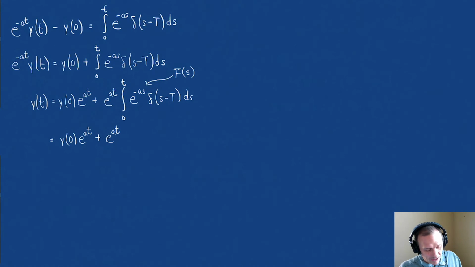So what we get is e to the at times e to the minus a capital T. Okay, one last step here, y of 0 e to the at plus, and then let's factor out the a, and we're going to write this as e raised to the a times t minus capital T.